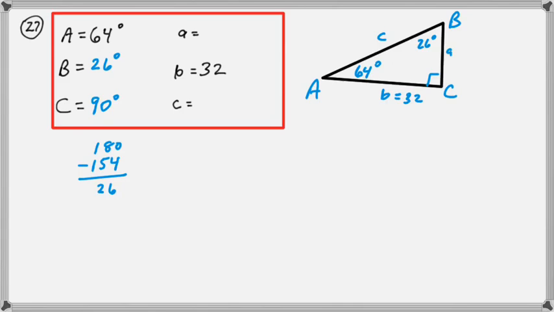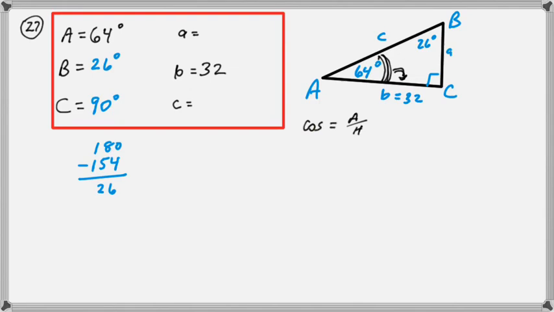Now, since they gave me the 64-degree angle, I think I'd like to use it. What is the 32 compared to the angle? Adjacent, opposite, or hypotenuse? Compared to the angle of 64, it's adjacent. It's next to it. So I need a trig that involves adjacent. Cosine is adjacent over hypotenuse, isn't it? Yes?